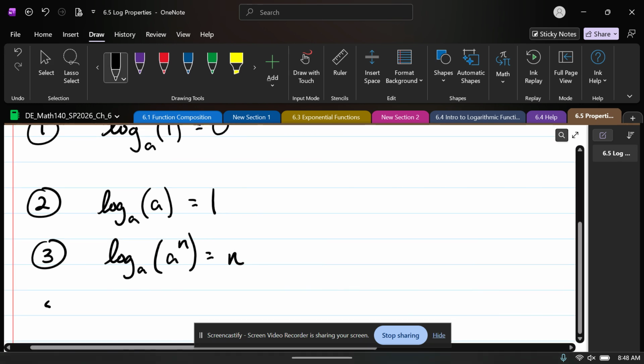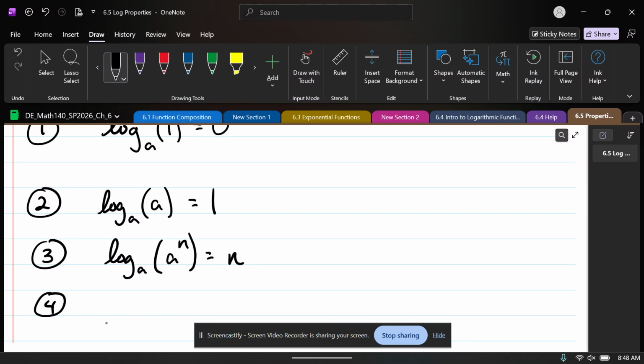And then the last simplifying property is an exponential. If you have A as the base and then log base A as your exponent. So the exponent is the logarithm this time. So the base is A, the exponent has a logarithm in it.